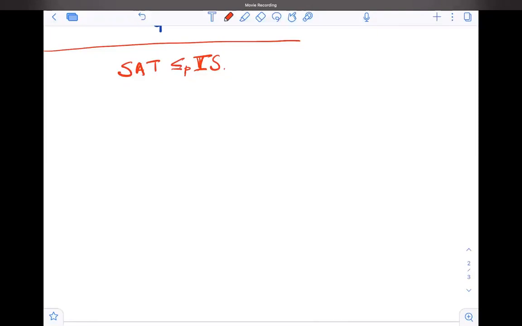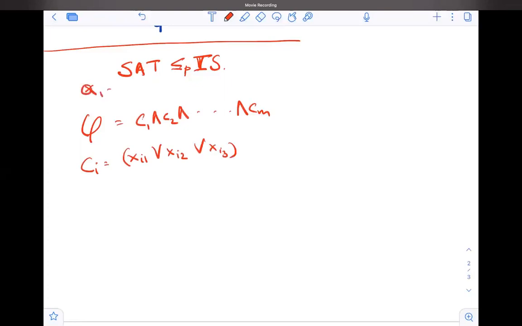Namely, if I give you a SAT formula phi, which is C1 and C2 and so on up to Cm, and Ci equals Xi1 or Xi2 or Xi3, and the variables are A1 to An, so these Xij's are basically one of the variables A1 to An.